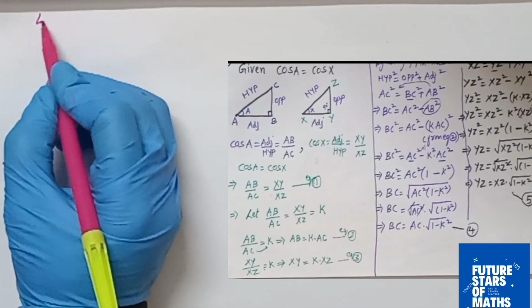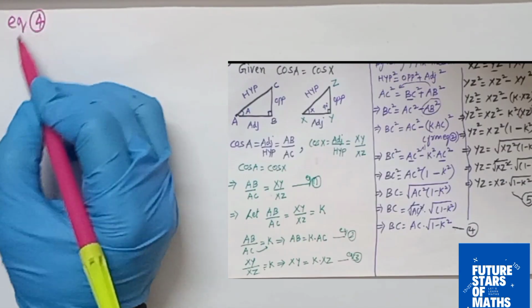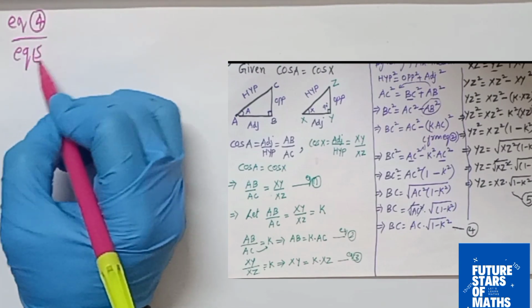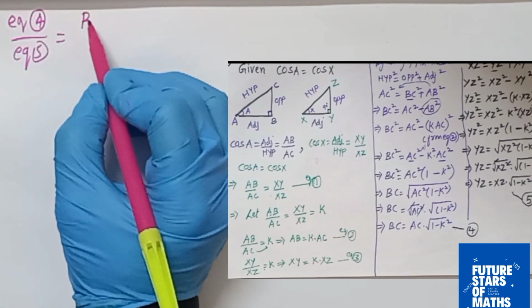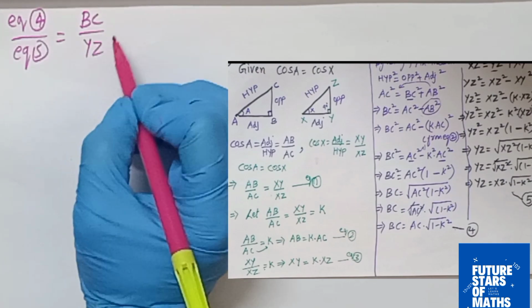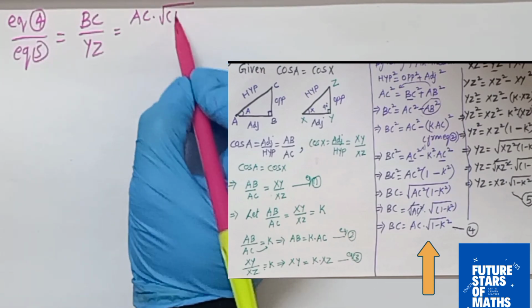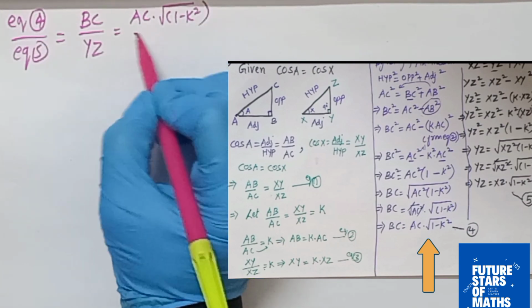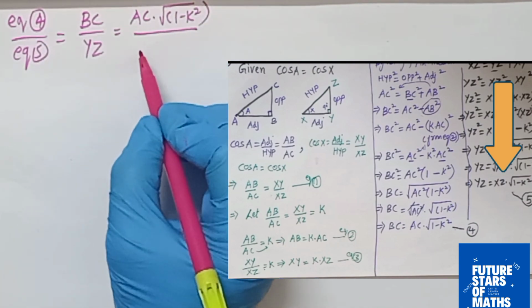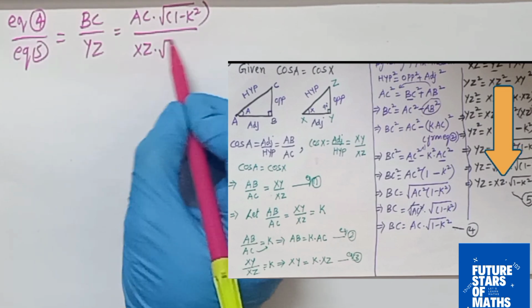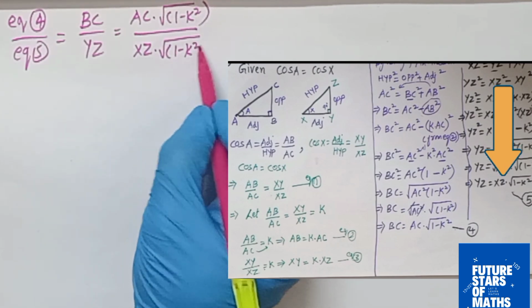So when we divide equation 4 by equation 5, what are we going to get, see students? BC by YZ. What is BC? AC into root 1 minus K square, divided by YZ, which is XZ into root 1 minus K square.